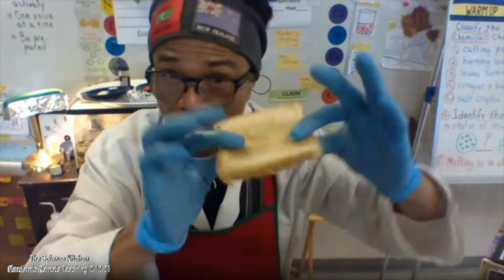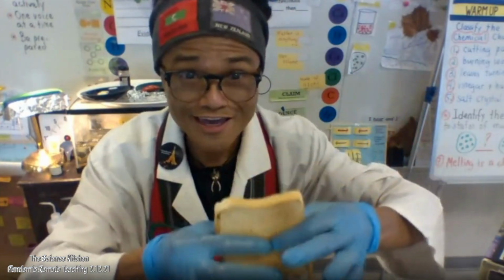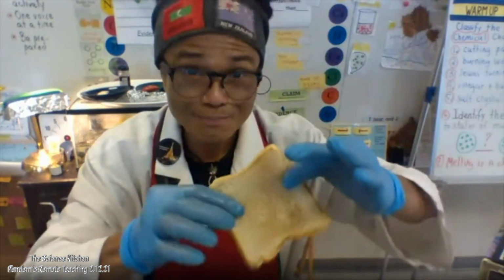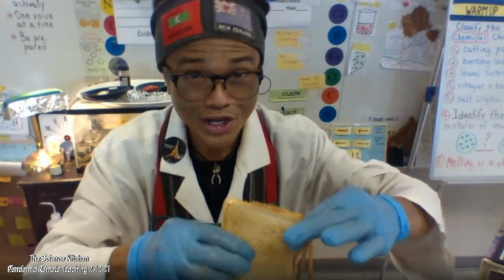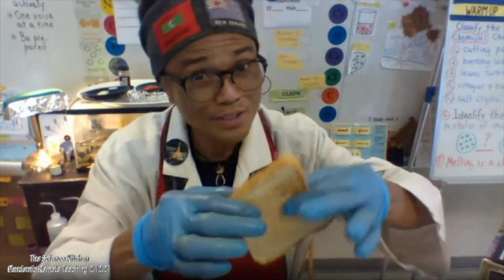So if I over toast it, it will change into something like charcoal. But it's not charcoal, it's burnt bread. I don't think it tastes so good. So what I want is for the bread to be just warm and a bit crunchy. Heat it a little bit more.